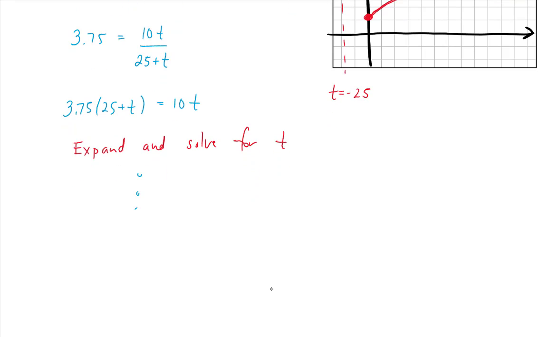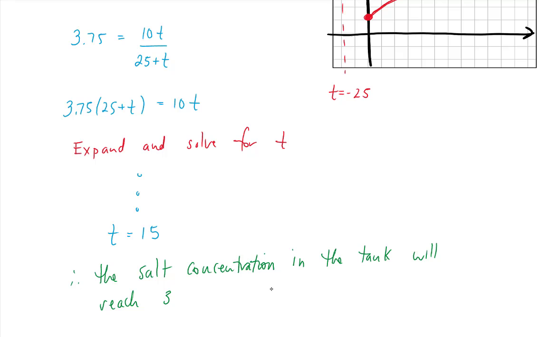So I'll let you try that part, and you should end up with t equal to 15. So now we can state that the salt concentration in the tank will reach 3.75 grams per liter at 15 seconds. I'm sorry, I should have said 15 minutes.